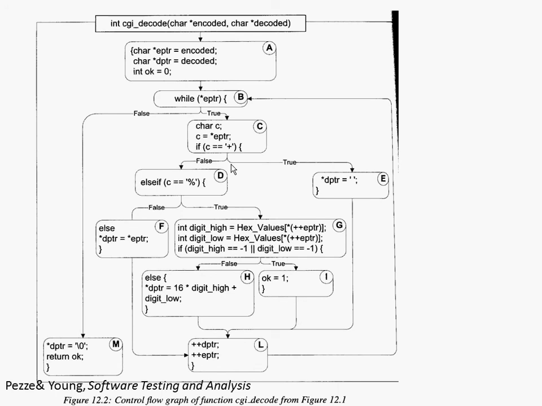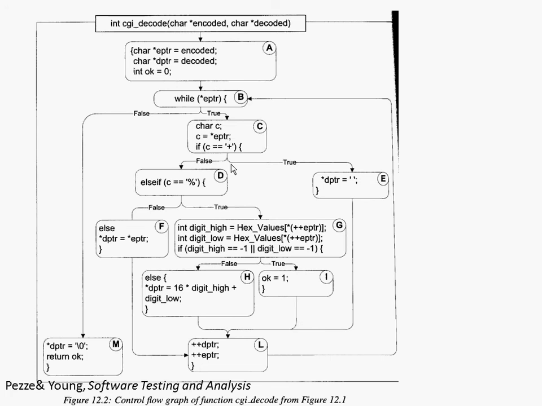Okay, so the question now is, with Weizhong's path, could we find a concrete test case that will actually do it? To do this, you have to look at the code and ask what condition would make it go from B to C. We need the E pointer to not point to the null character.